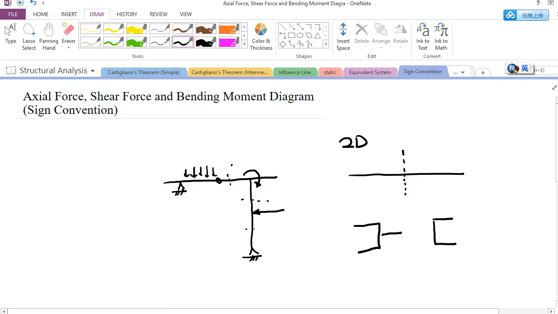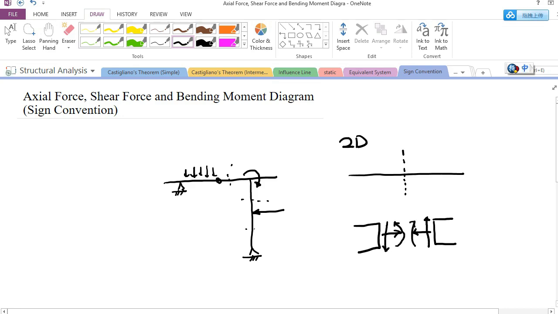The first one is normal to the plane, and then the other one is something like this, transverse to the plane, and the last one is like this.